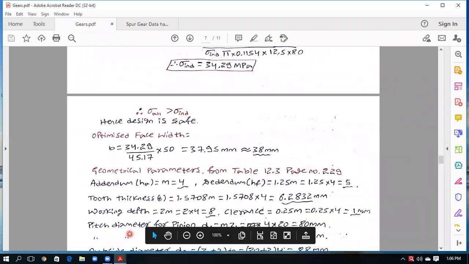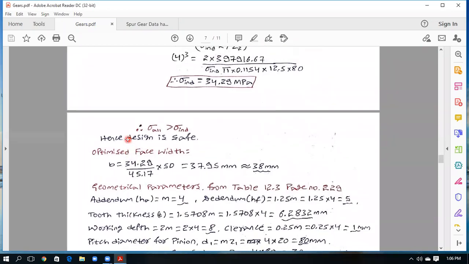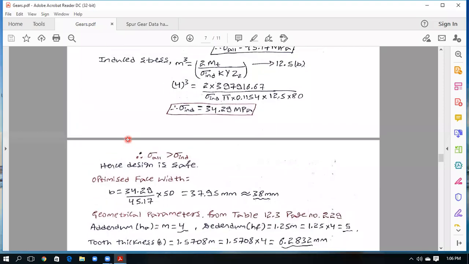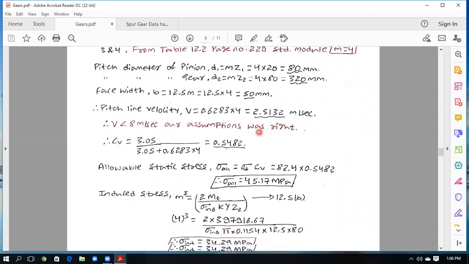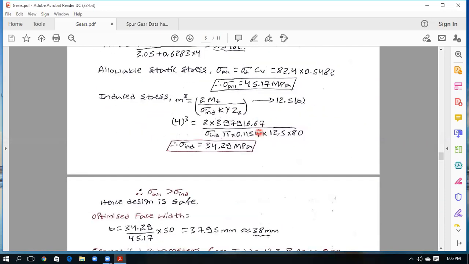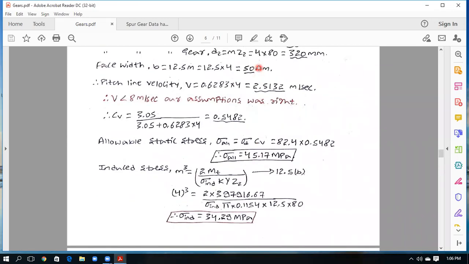Next, to find out the geometric parameters, for further calculations you have to use the optimized face width. How to calculate this optimized face width? Here we have calculated the face width as 50. To calculate the optimized face width, it is the induced stress divided by the allowable stress, multiplied by the face width.